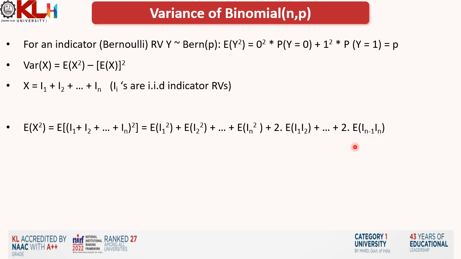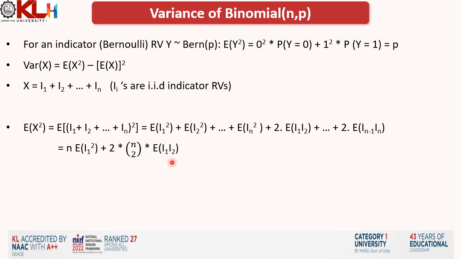Now these are all indicator random variables with probability of success being P, and we already saw that E of y square is P, so we can replace each of them with P. So it will be N times P, and for the cross terms we have 2 times N choose 2 times the cross term I1 I2. Now we need to figure out what is E of I1 I2.